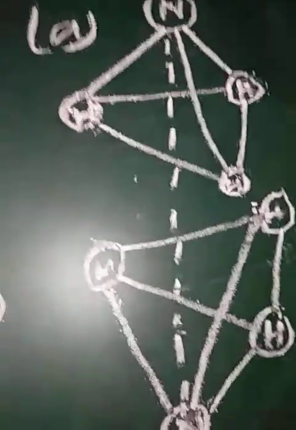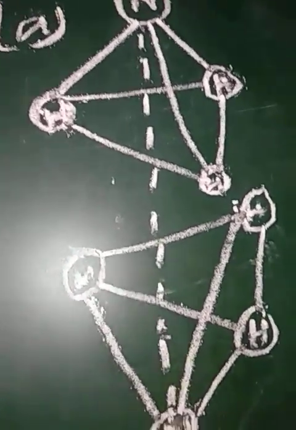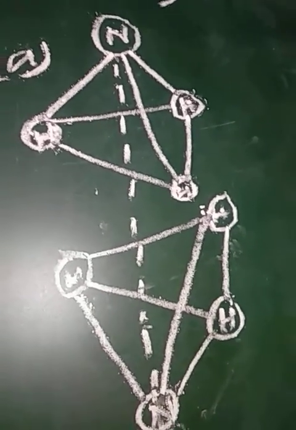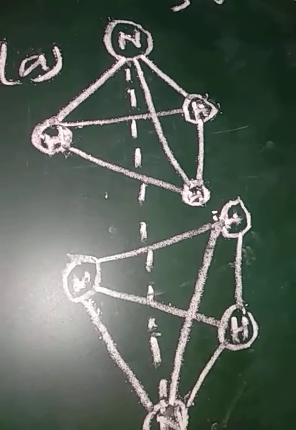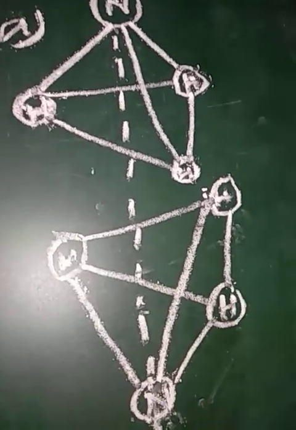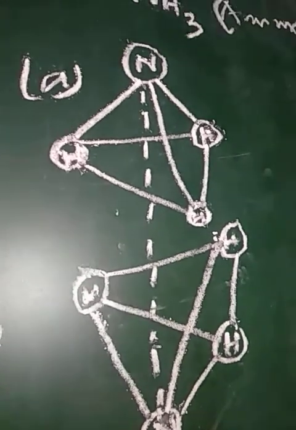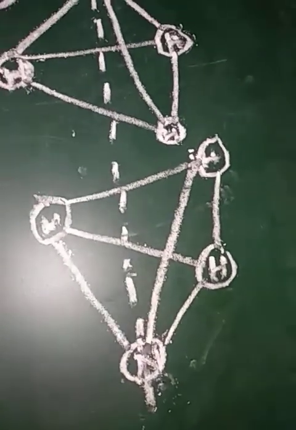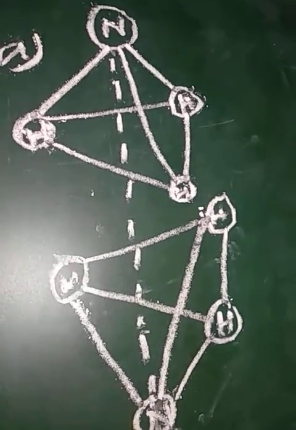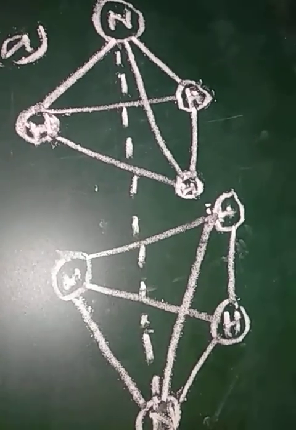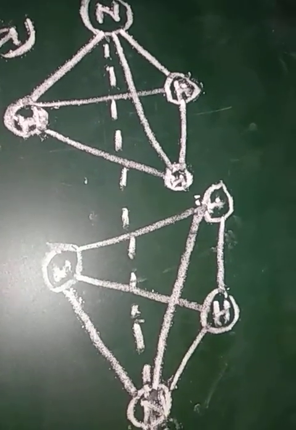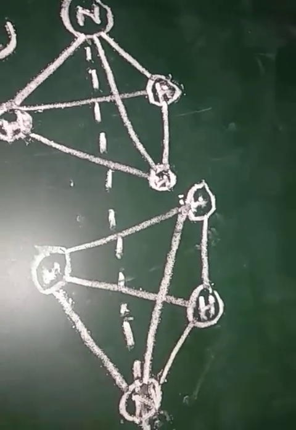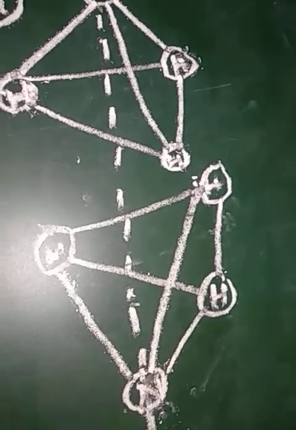If these two arrangements are considered as quantum mechanical states of the system, of the ammonia molecule system, then what will be the consequences? We have taken so easy, so simple a state in order to describe these two base states.